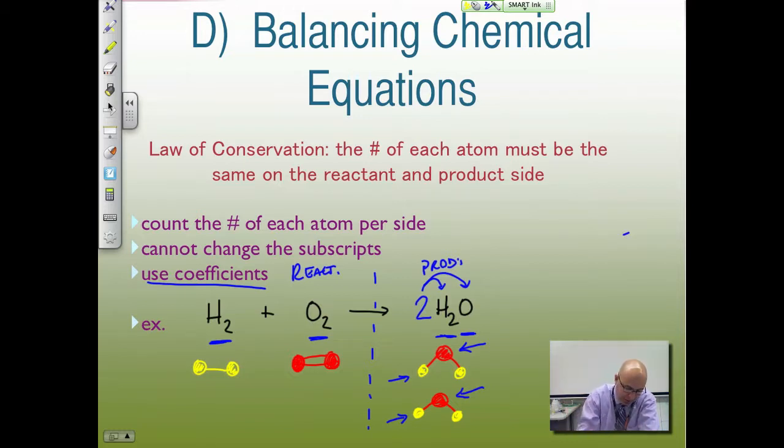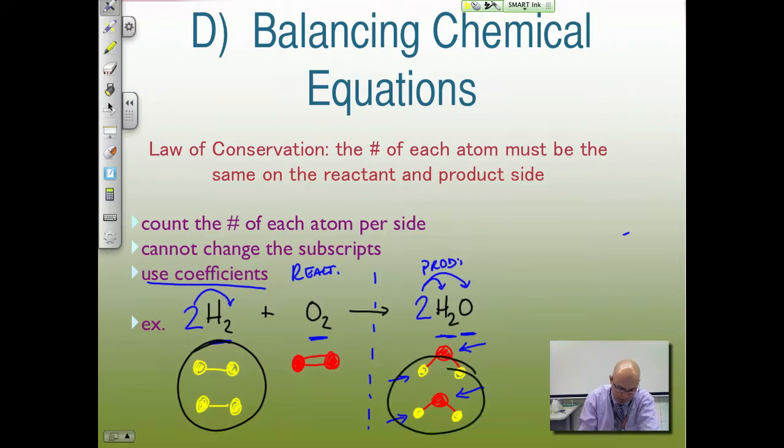So I would have to come back to my reactant side and put 2 in front so that that distributes as well. Okay, so again, what I would now have is 2 molecules of hydrogen. And when you count them all up, notice I have 4 yellow balls, 4 yellow balls here, and 2 red balls, and 2 red balls there. So my hydrogen and oxygens are balanced. That's how you use coefficients to balance a chemical equation.